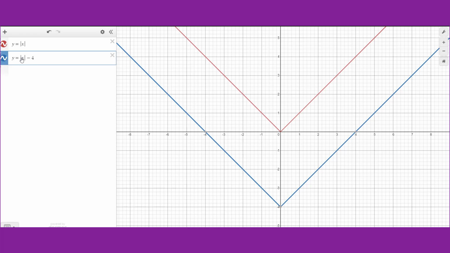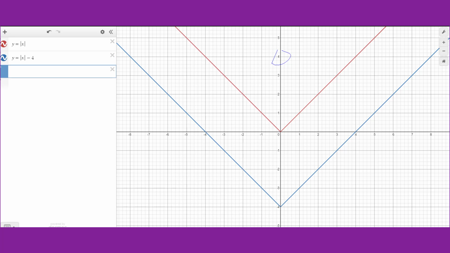It took it from the origin, or again, the vertex, and it moved the vertex down 4. So you can imagine that from the parent function, if I added 4, it's going to move it up 4, right? That vertex is going to be moved up 4. So let's test that out and see.